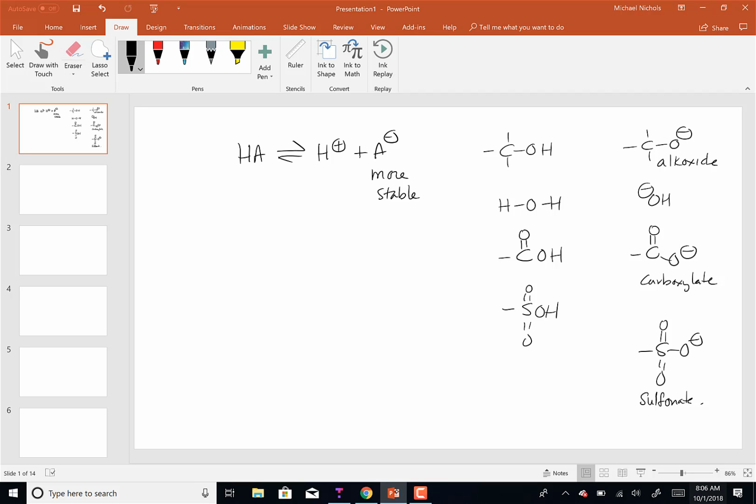So what I'd like you to do for a minute is think about how you would rank these in terms of stability. I'm talking here about the bases because then we'll work in reverse to get to the acids. So which one of those conjugate bases is the most stable, the next most stable, etc. I'll give you 2 minutes, and you can discuss if you'd like.